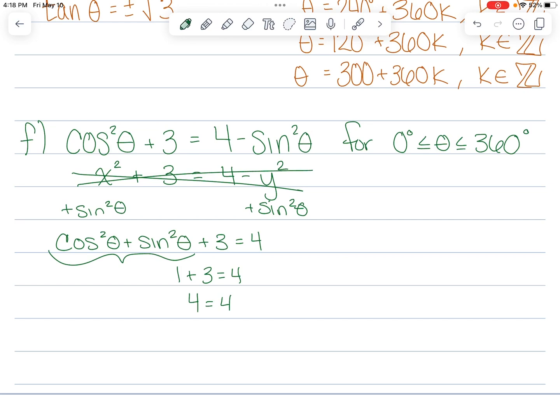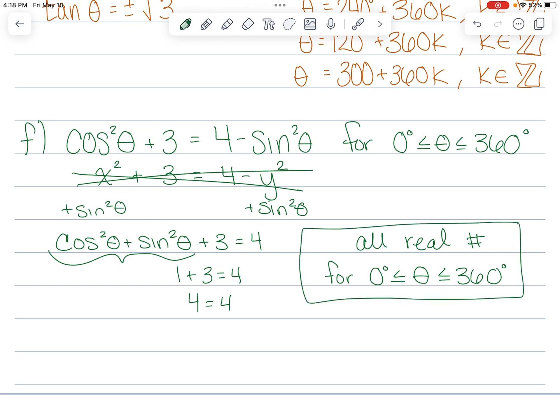My trig disappeared completely. So, this is a true statement at all times, though. 4 is always equal to 4, so my answer is all real numbers. Most specifically, for theta in between 0 degrees and 360 degrees, because that was the setup of the problem.